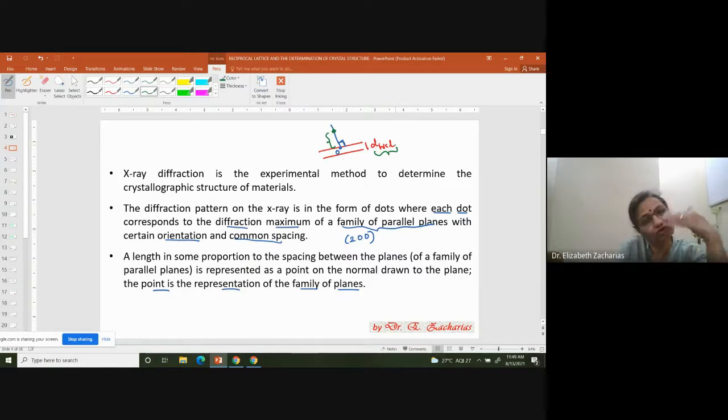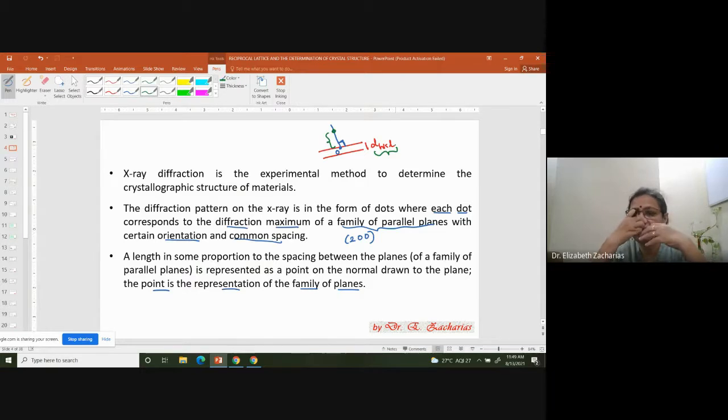It is also related to the orientation, which we need not specially say because it is lying on the normal. If the dot is lying on the normal, it definitely has something to do with the orientation. Then where exactly the dot lies, that is decided by the d value. Are you understanding this? It's a difficult concept to understand, but at least are you following what I'm saying?